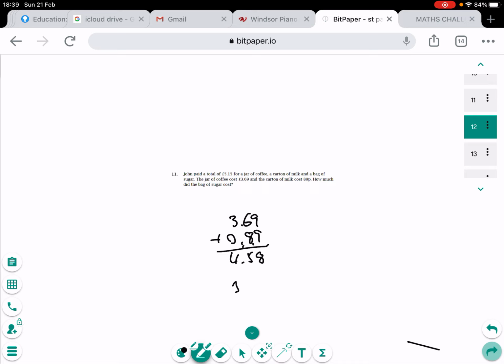So now we take 5.15 minus 4.58, which equals 0.57. So 57 is pence. Is our answer. No, it isn't. It's 67. 57, sorry. Yes, 57. So our answer is that.